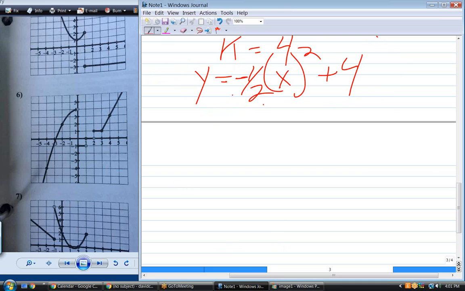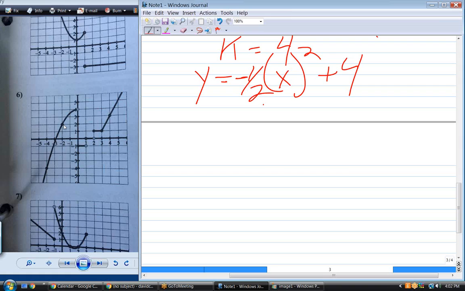And if you're not positive of that, put in 0 for x, we're right there. Put in minus 3 for x, only that doesn't cross exactly at minus 3. It's like minus 2 point something. But put in 2 for x, and you end up getting positive 2 for y.